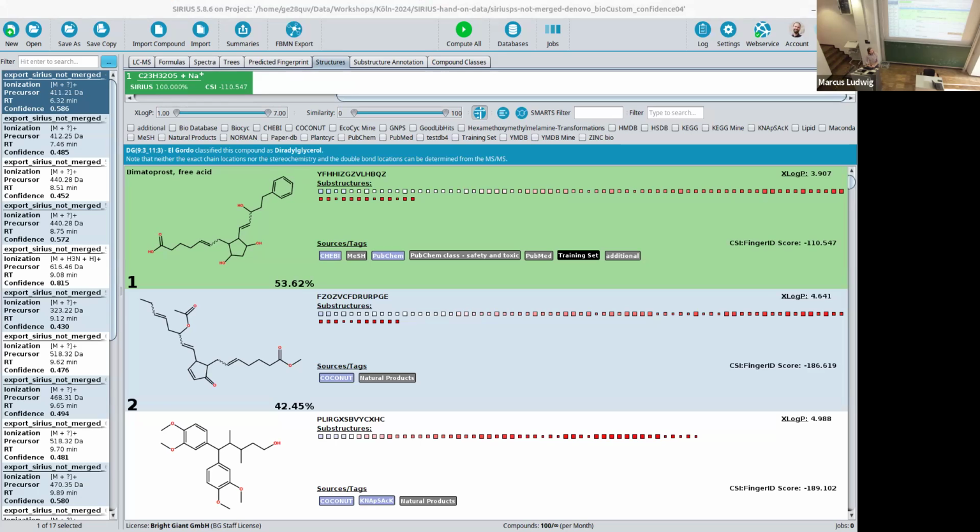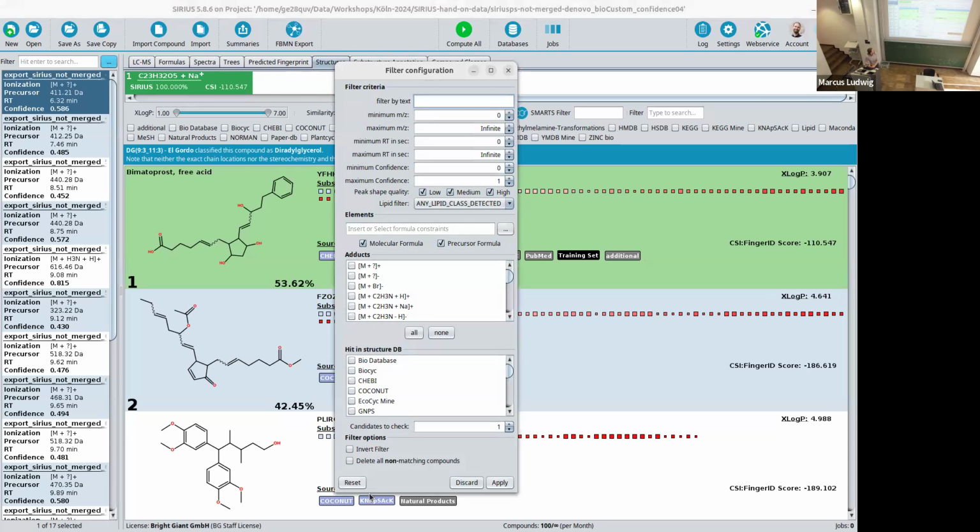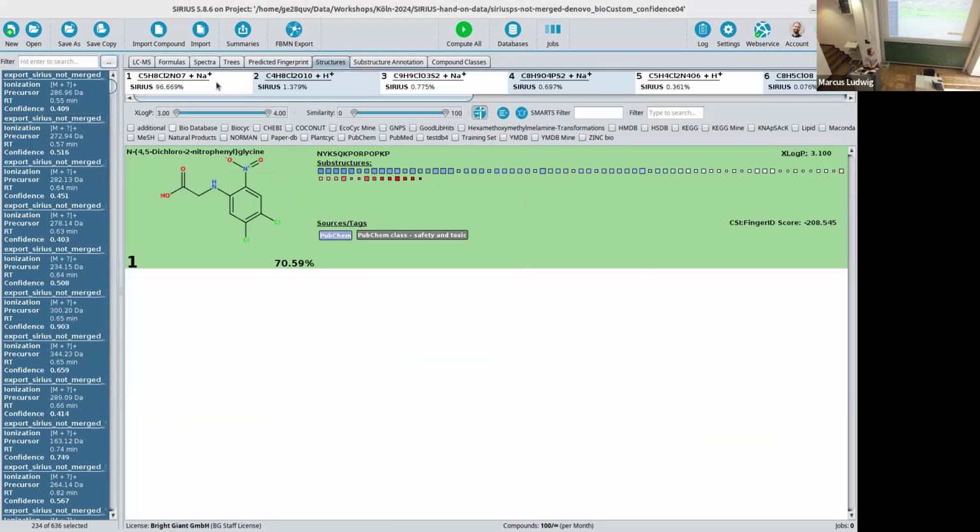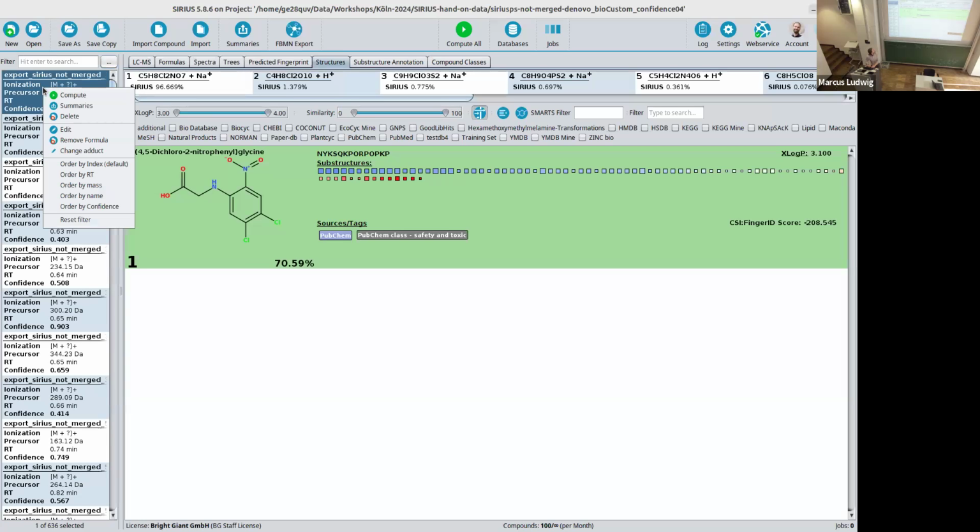So I think we are almost over time. The last thing you can do, and this is a very specific thing, but like I said, we can also use the confidence score. If you don't have a hypothesis or a custom database, you can still just sort all your compounds by confidence.